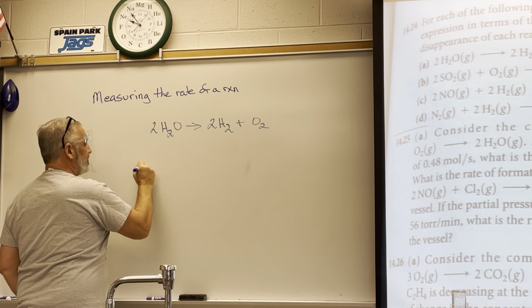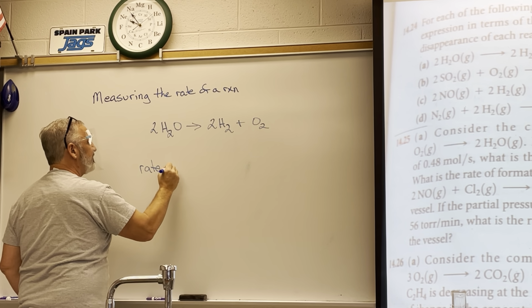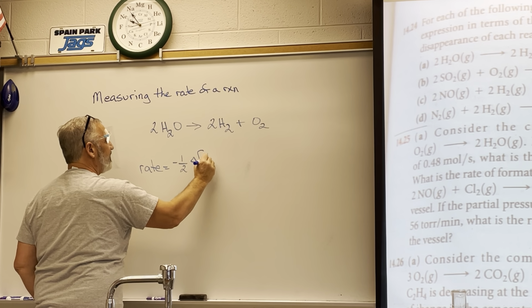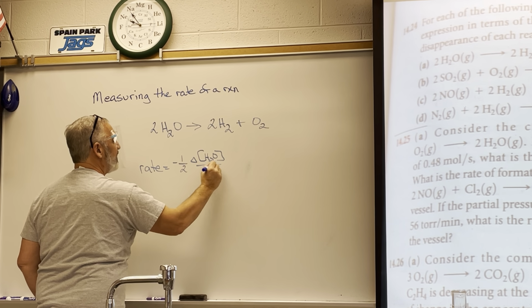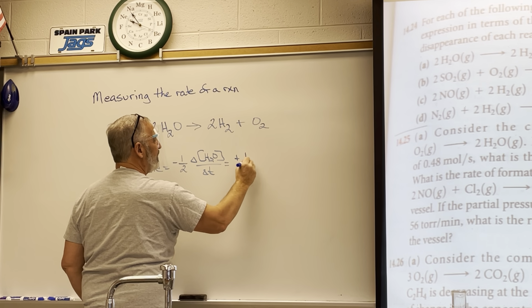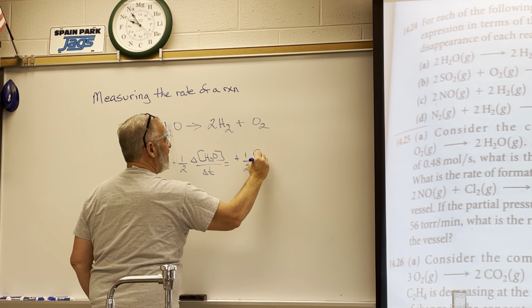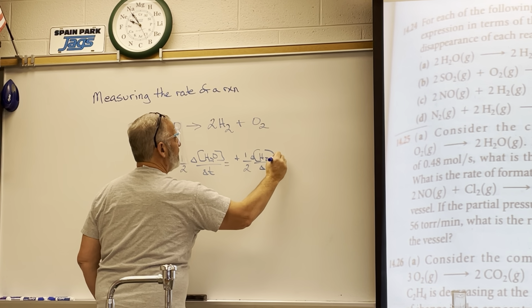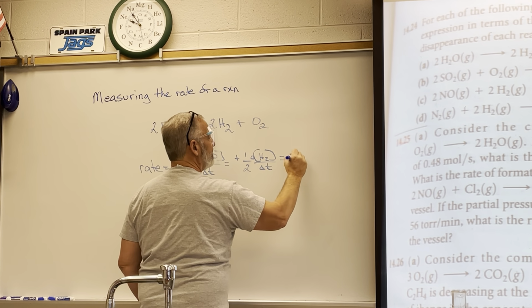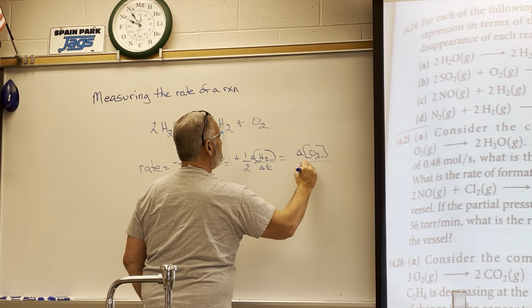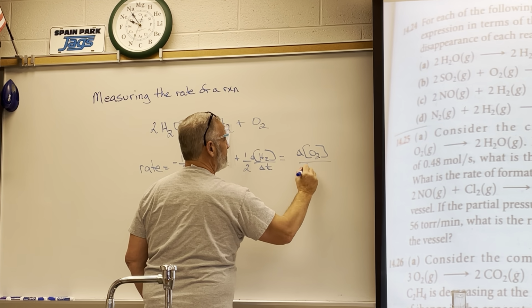So my rate is equal to negative 1/2 the change in concentration of H2O divided by the change in time. It's going to equal the positive 1/2 delta H2 over delta t, which is equal to just the change in concentration of O2 over delta t.